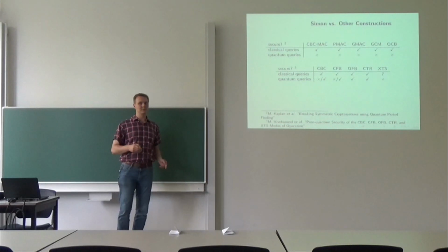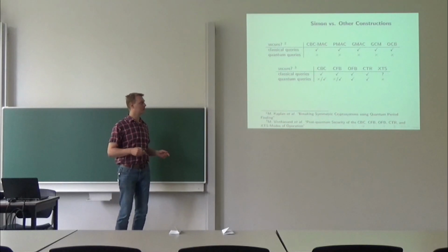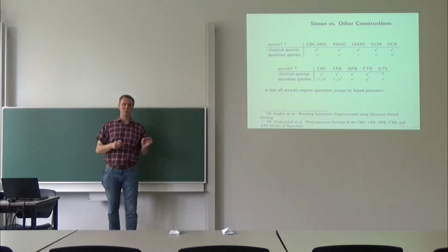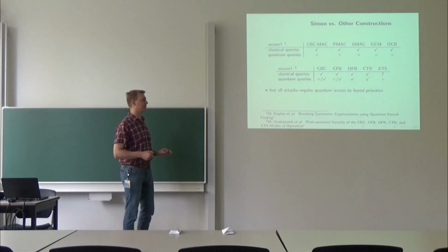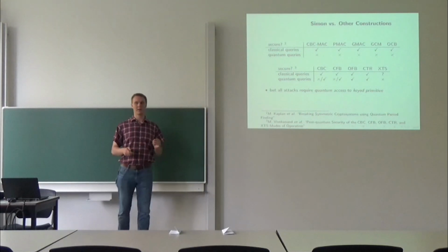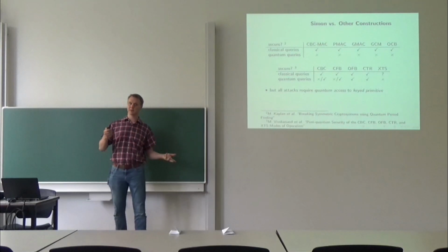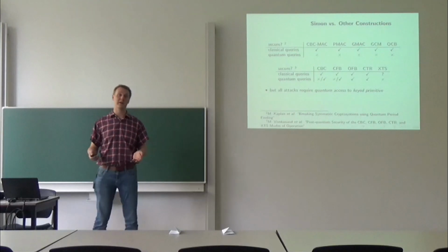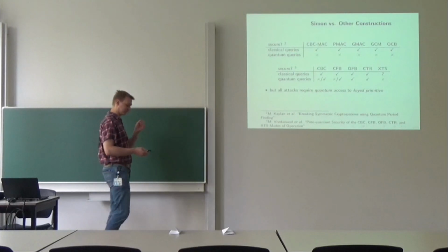Well, sort of. Because all these attacks require quantum interaction with the secret key material. And there's a good argument to be made that this disqualifies the attack from practical relevance.